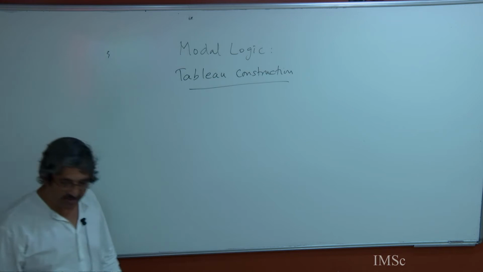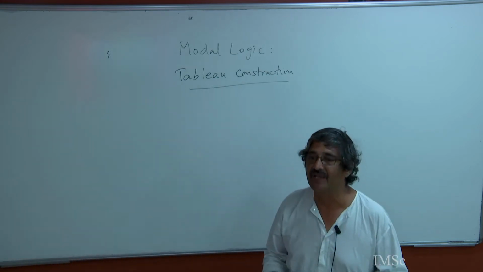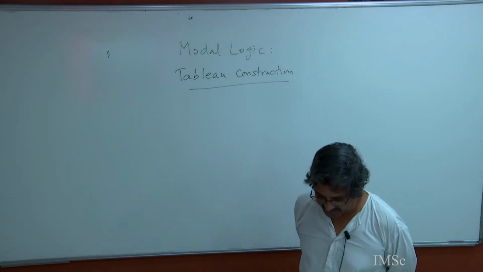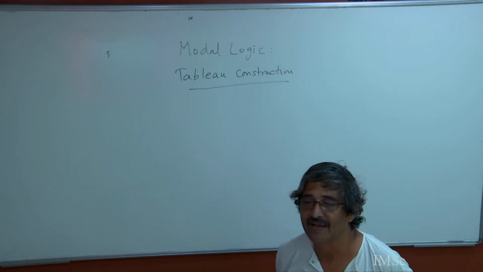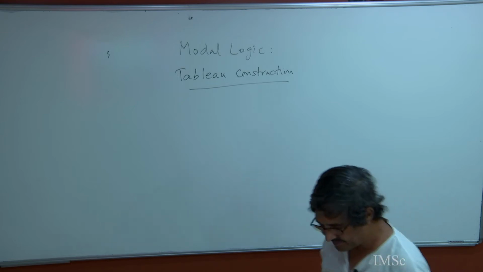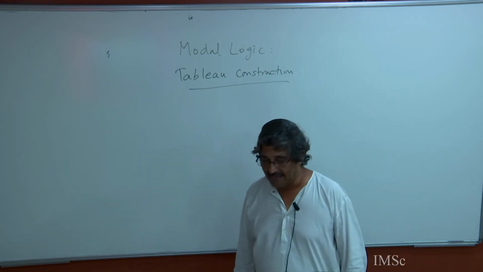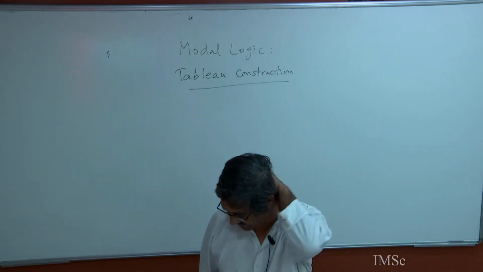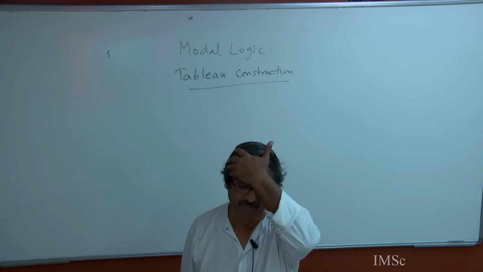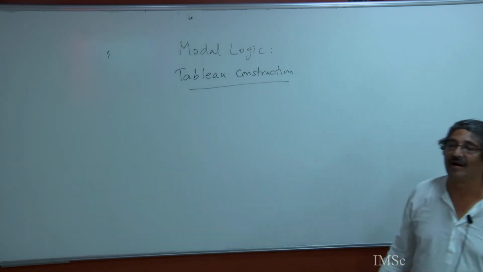So this is what I want to talk about today. This is basically the outline of the decision procedure that we discussed last time for propositional modal logic, where what we construct is called a tableau. The idea is that you are given a formula which you want to check if it is satisfiable, and then you try to construct a model.